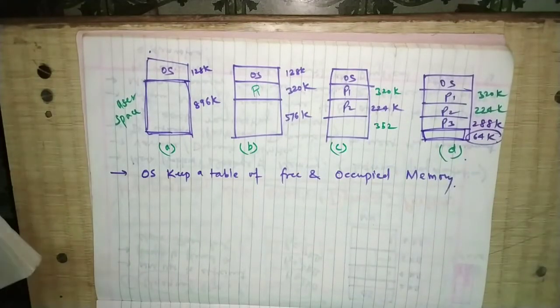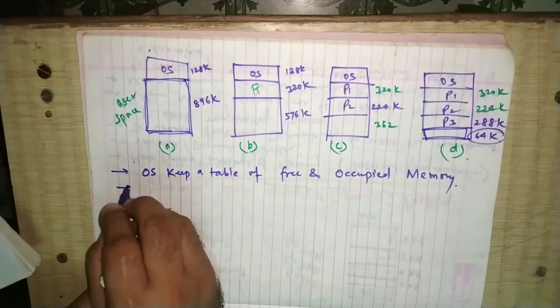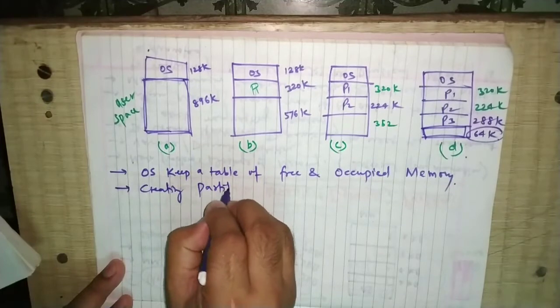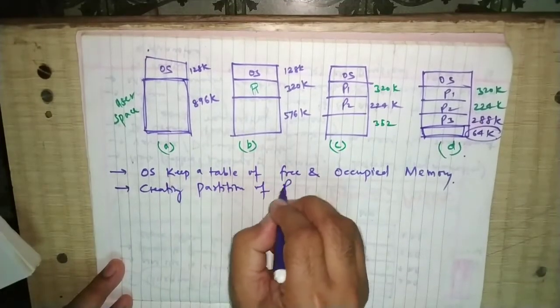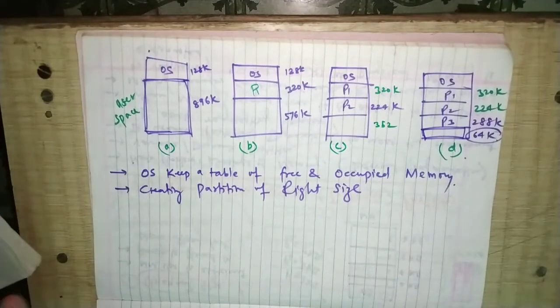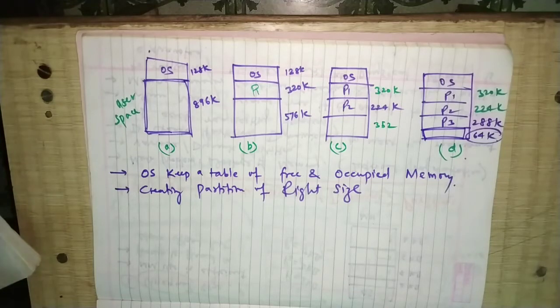The idea of the variable size partition allows the operating system to create partitions of exactly the right size for the particular process, whenever there is sufficient space available.